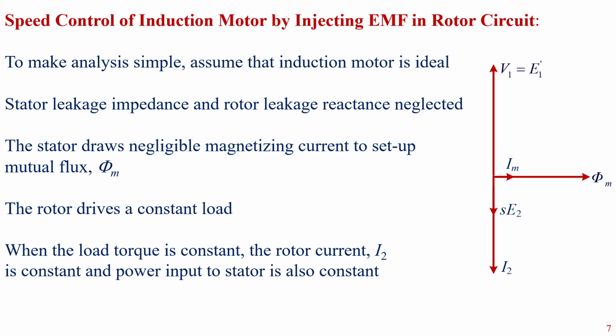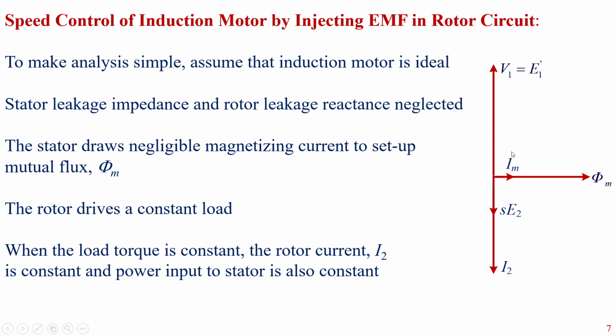For discussing the concept of speed control of induction motor by injecting EMF in the rotor circuit, let us assume that induction motor is ideal. For that, the stator leakage impedance, R1 and jX1, is neglected, and rotor leakage reactance is also neglected. The stator voltage is taken as a reference along positive y-axis.